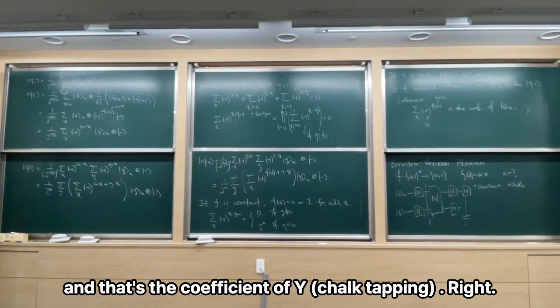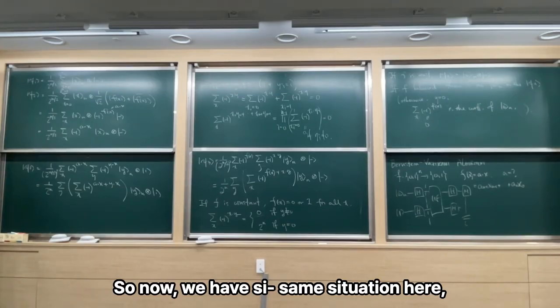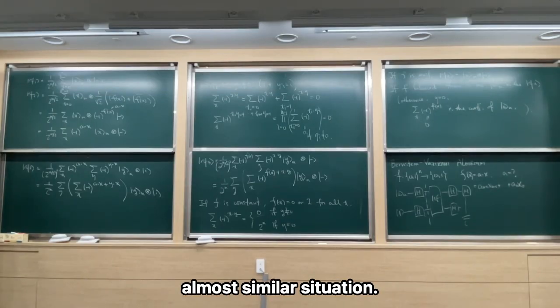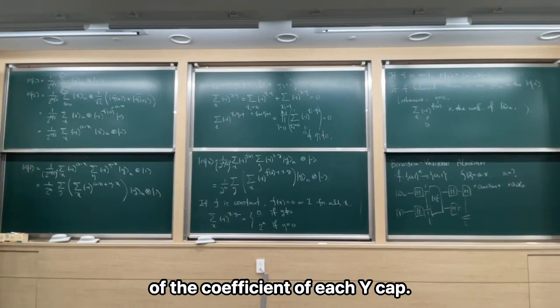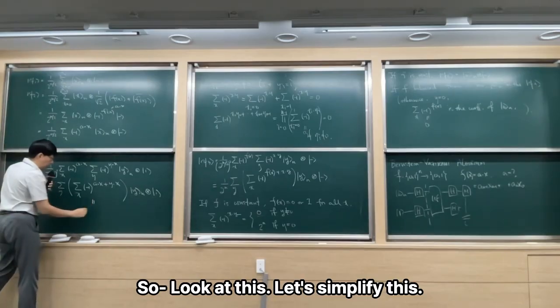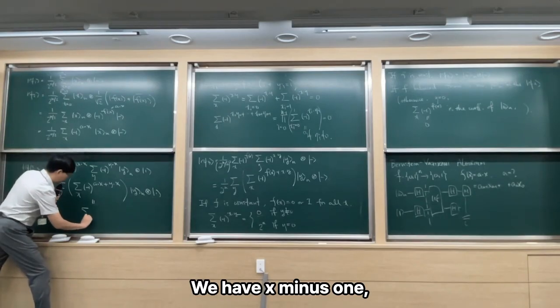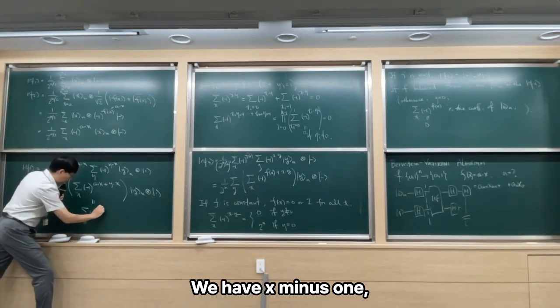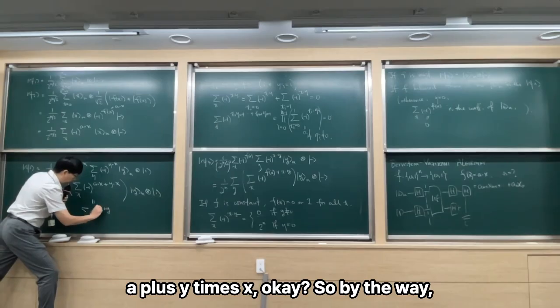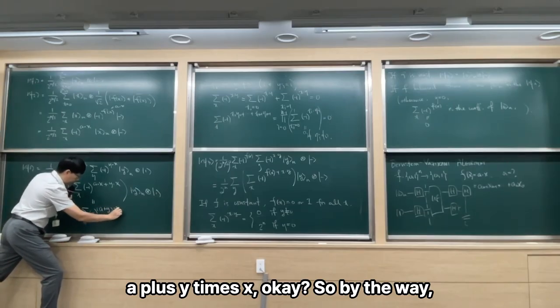All right. So now we have almost the same situation here. You want to find out the value of the coefficient of each y ket. So let's simplify this. We have minus 1 to the a plus y times x.